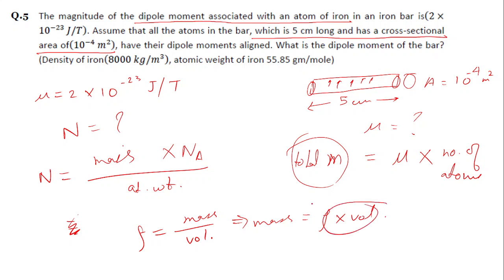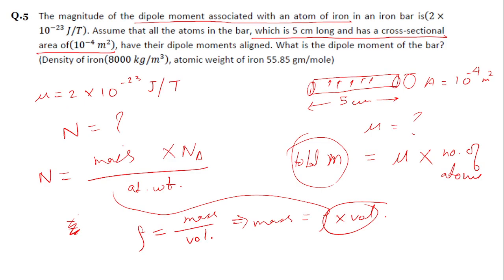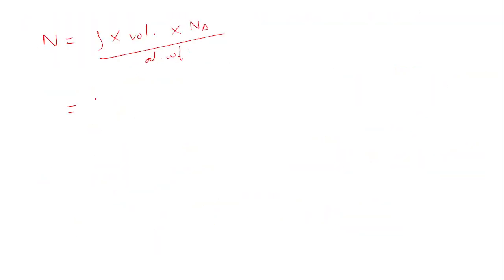If I put it here, then number of atoms will be density times volume times Na divided by atomic weight.